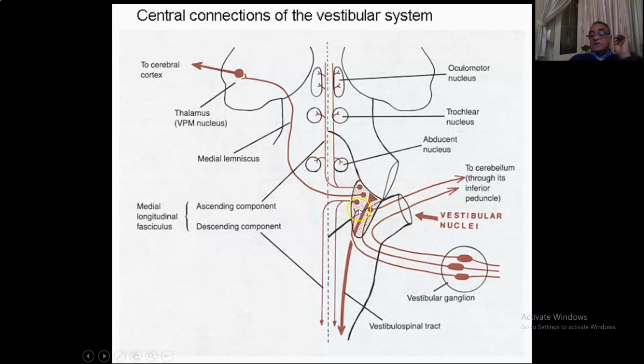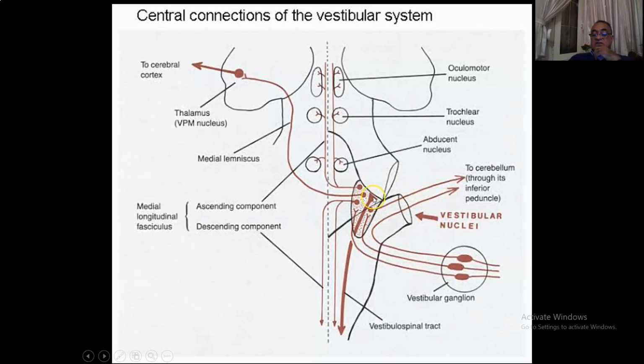Notice here that there are direct and indirect vestibulocerebellar pathways. The indirect, as we said, is from the vestibular nuclei to the cerebellum, and some fibers pass directly from the vestibular nerve to the cerebellum without relaying in the cerebellar nuclei.